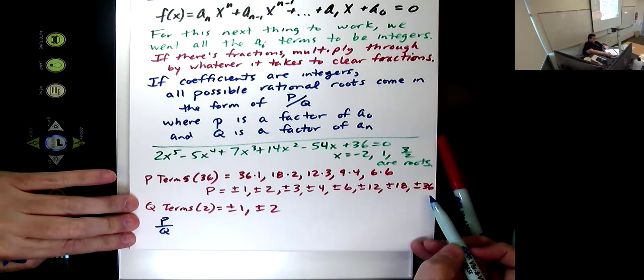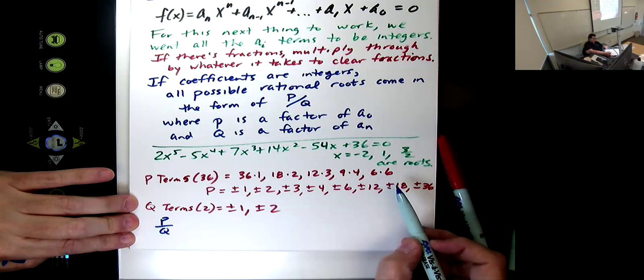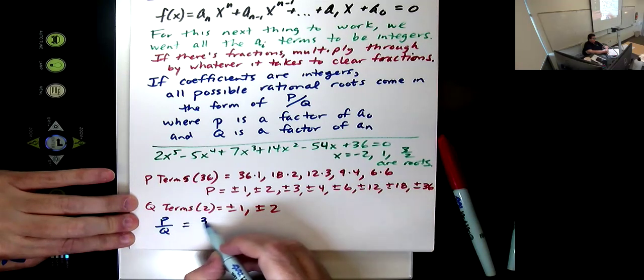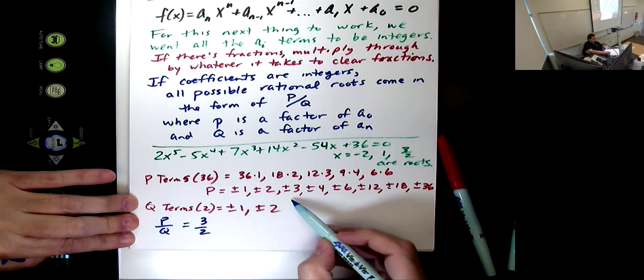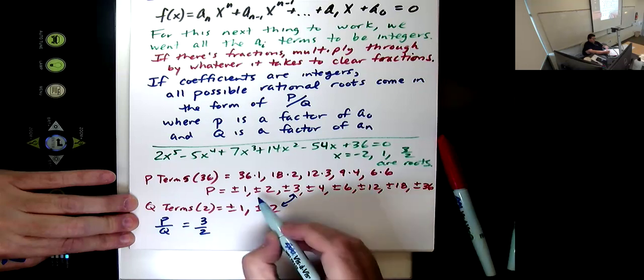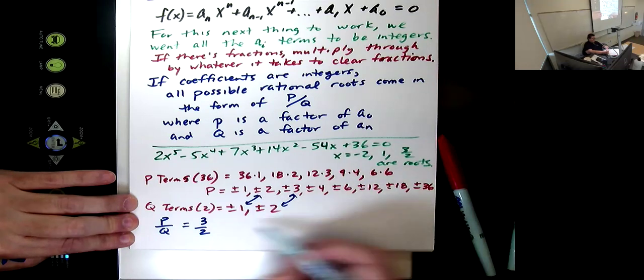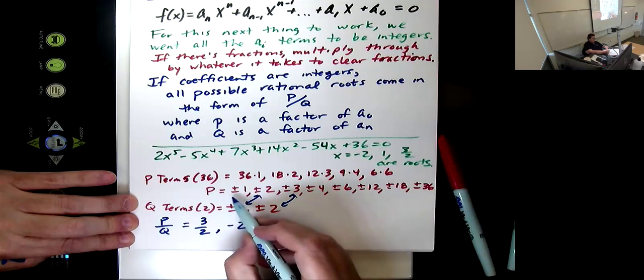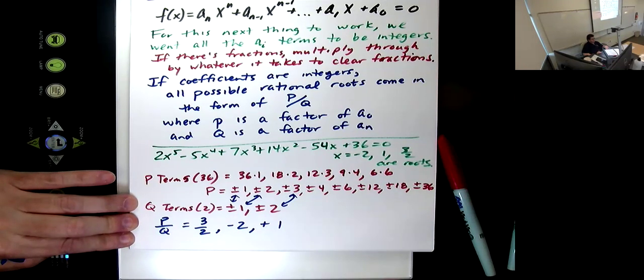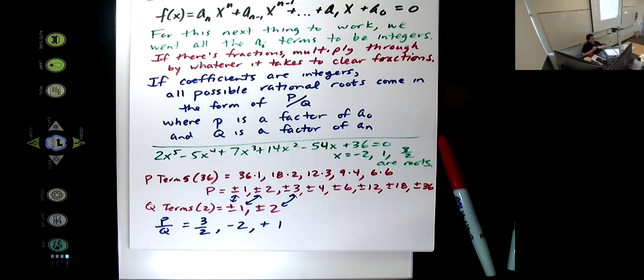But notice 3 over 2 shows up from these, negative 2 shows up from these, and positive 1 shows up from these. We're going to take one number and put it over the other.